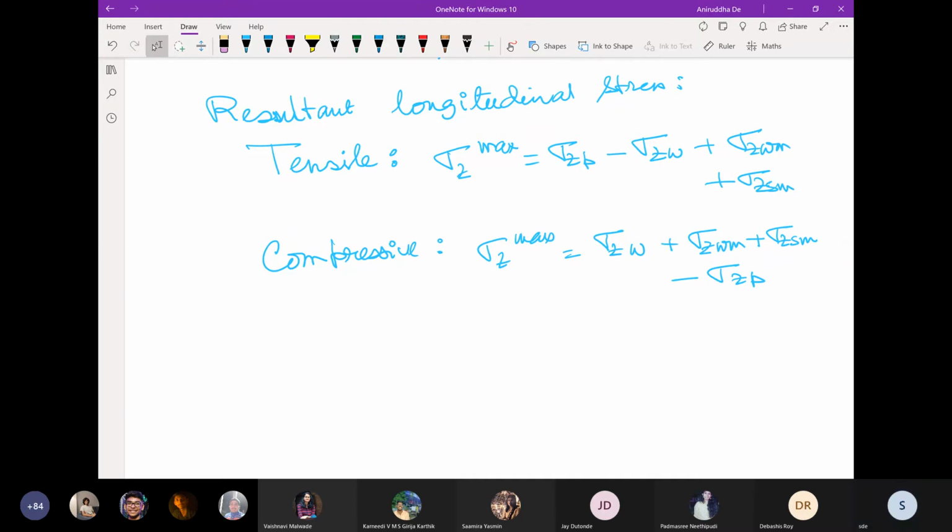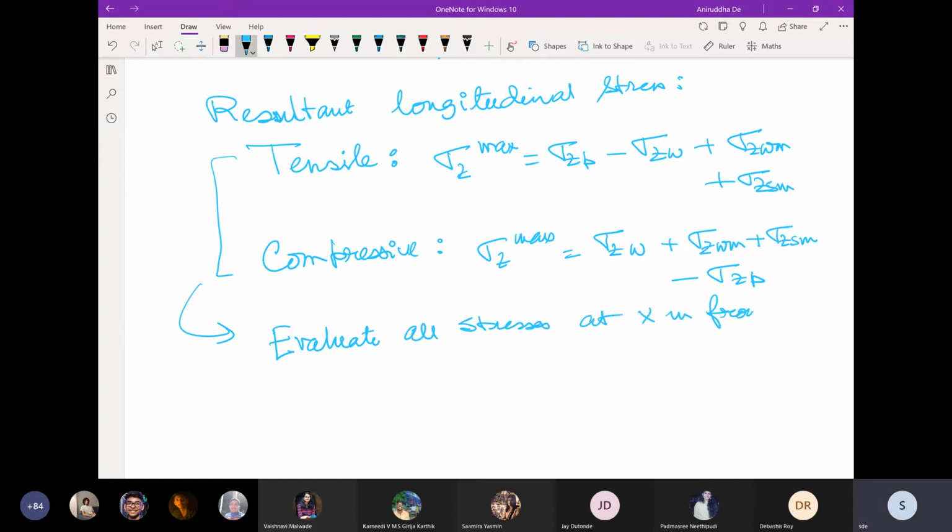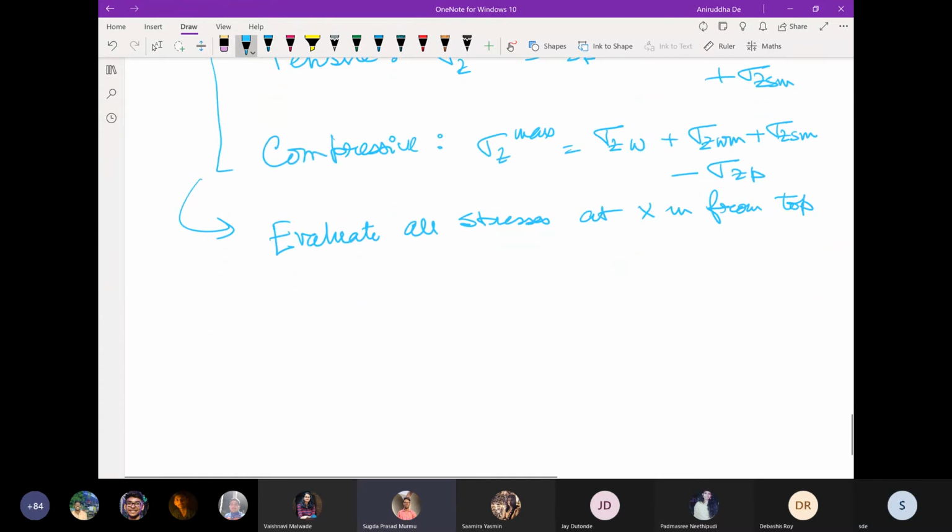Then, at x meter from the top, we check two criteria. Sigma Z maximum tensile should be less than F into J. F is the maximum allowable stress of the material of construction of the vessel, and J is the weld joint efficiency factor.